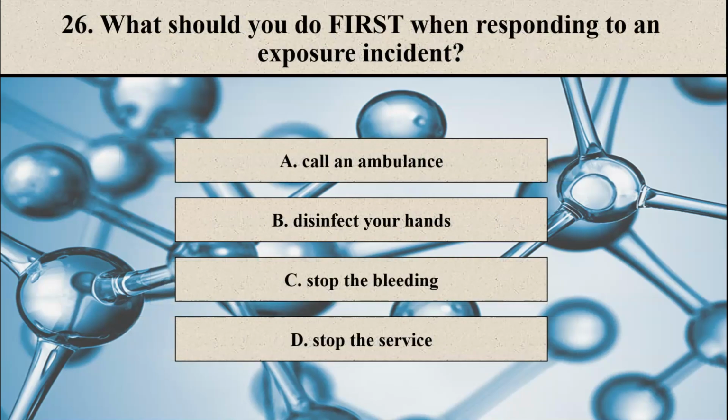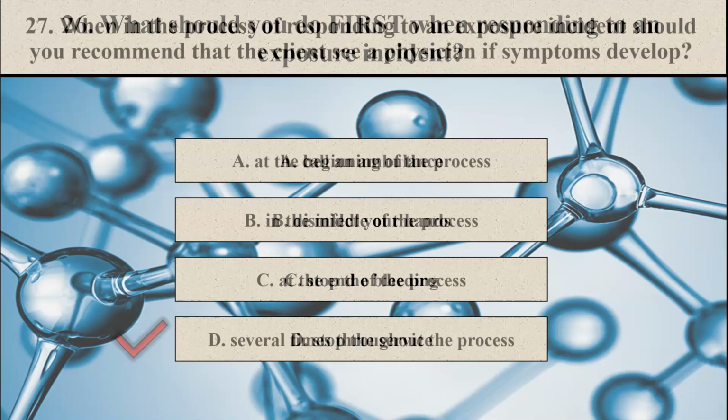What should you do first when responding to an exposure incident? Call an ambulance, disinfect your hands, stop the bleeding, stop the service. If you chose D, stop the service, you are correct.